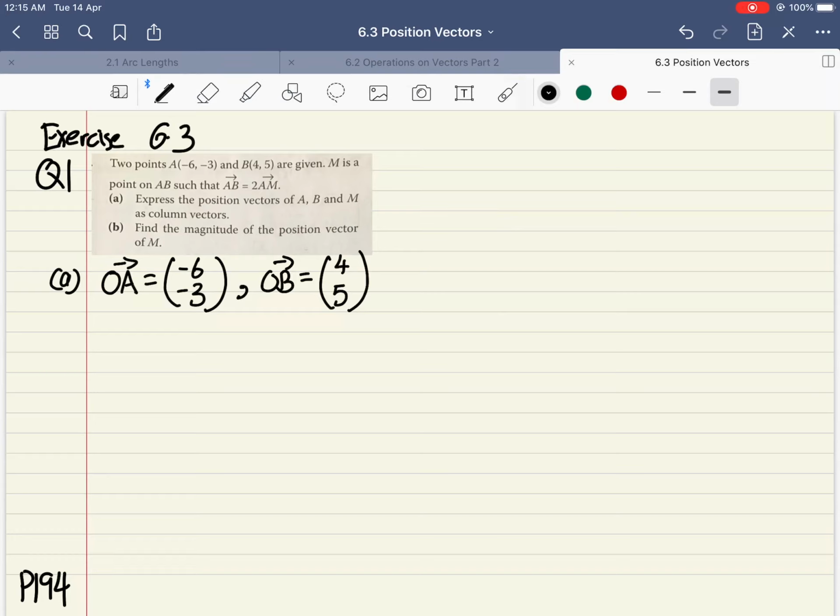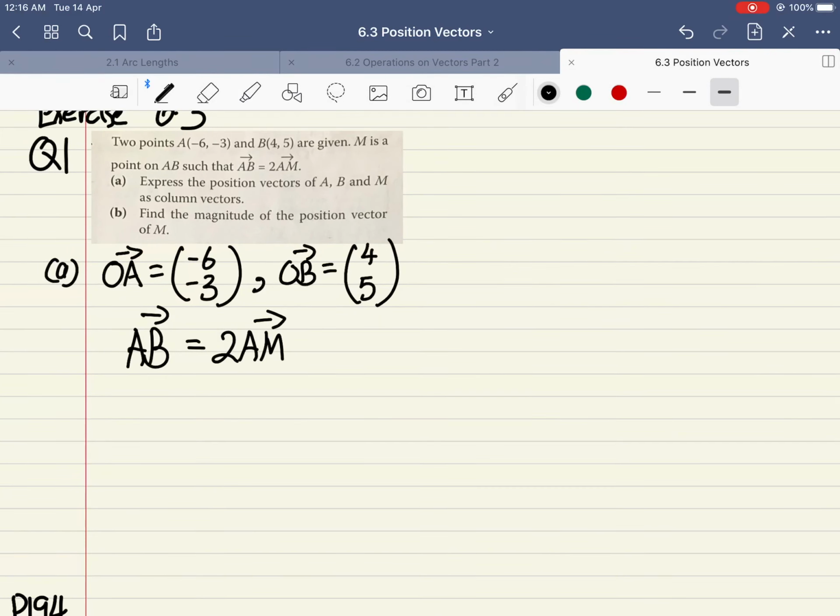So now, in order for me to find the column vector or the position vector of M, the piece of information that I need will come from here. AB equals 2AM. So I'll just go right ahead and write it down. AB is equal to 2 times AM. When it comes to position vectors, I always find it a bit easier to first manipulate the equation.